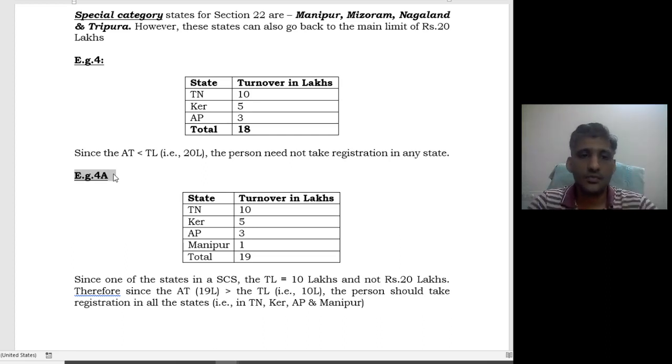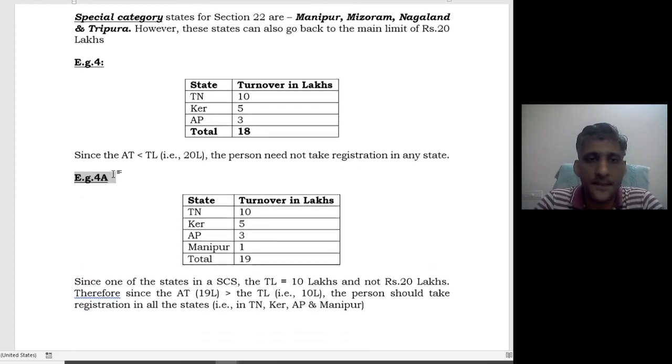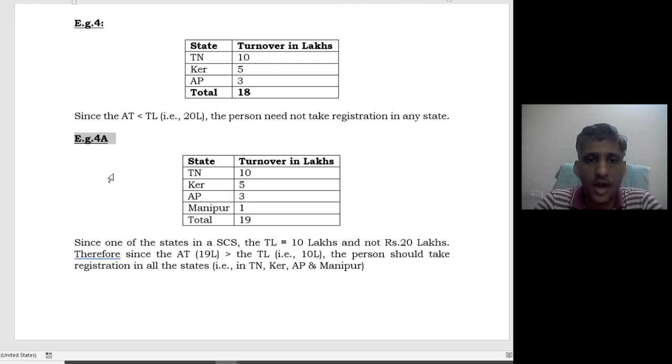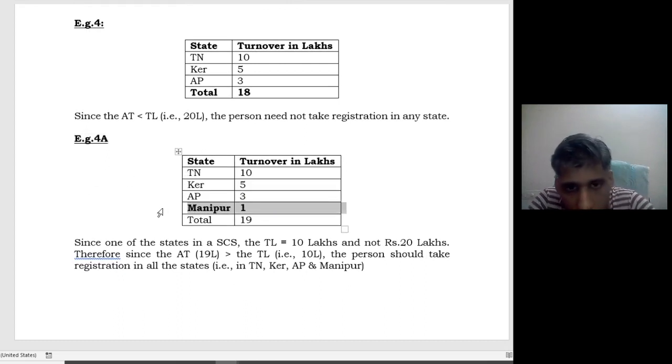Okay, understood? Example number 4 and 4a, you can pause the video and update it. This Manipur is a special category state.